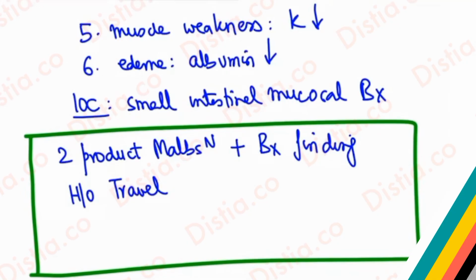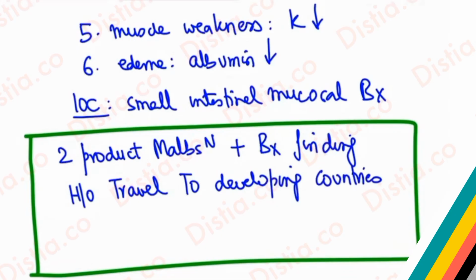So if in his case file it is mentioned that there is a history of travel to a third world, that is countries like India, Sri Lanka, etc. So history of travel to developing countries and then development of diarrhea subsequently after eating a street food is again a very good hint towards diagnosis of tropical sprue. Let us now look at what is the treatment for this condition. So your primary antibiotic that you're gonna write for this guy is tetracycline.